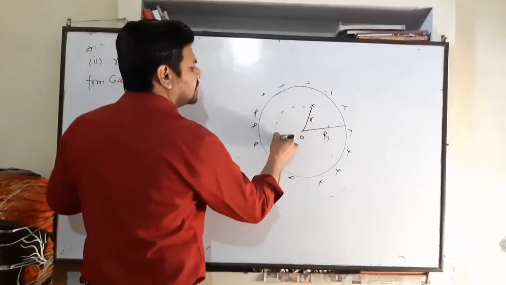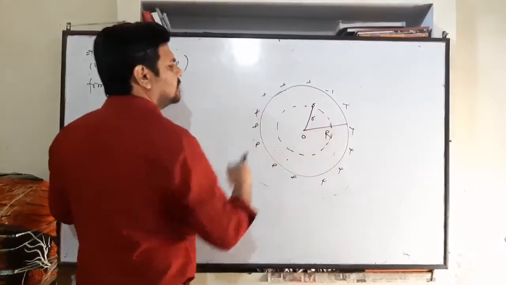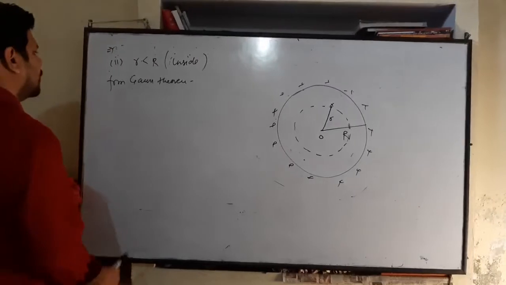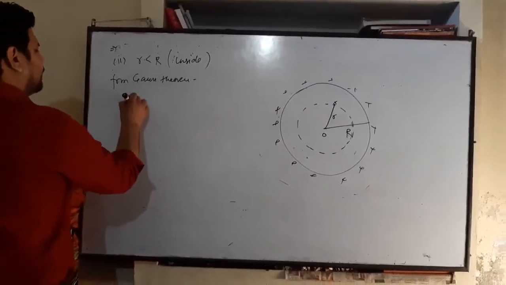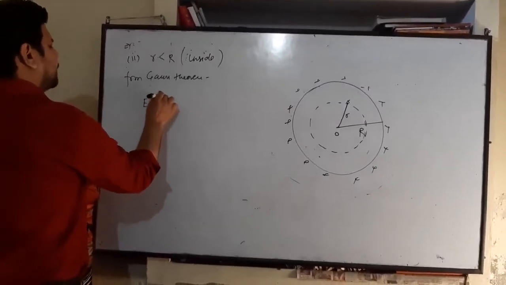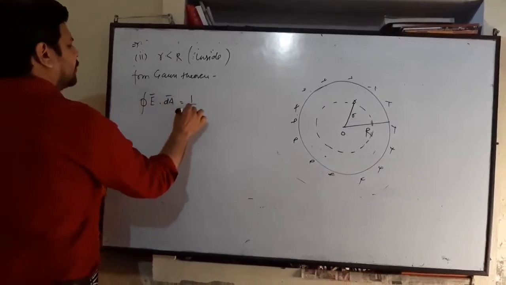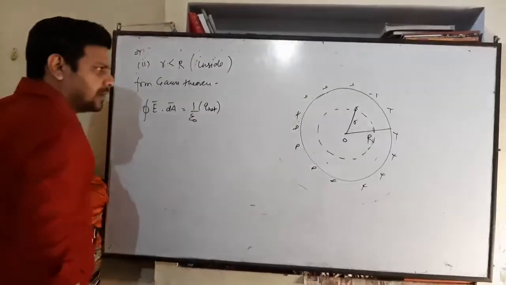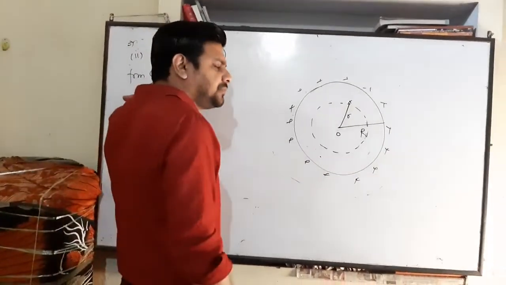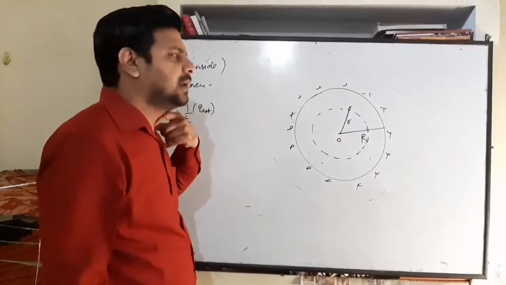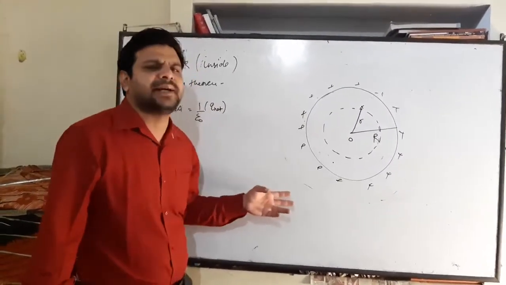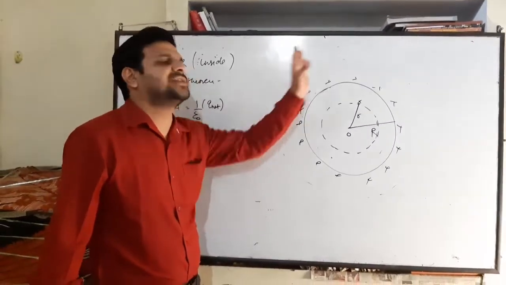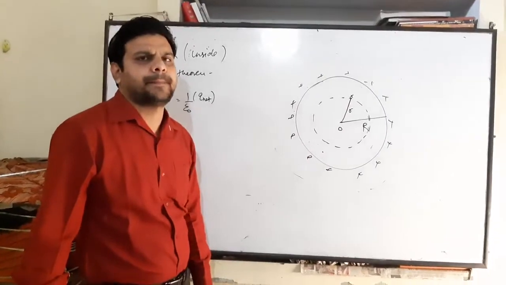Draw a Gaussian surface passing through this point, a spherical Gaussian surface. Now, from Gauss law, the integral of E dot dA is equal to 1 over epsilon naught times the net charge inside the Gaussian surface. I have told you, if we give some charge to a metallic conductor, it will appear on the surface of the conductor.